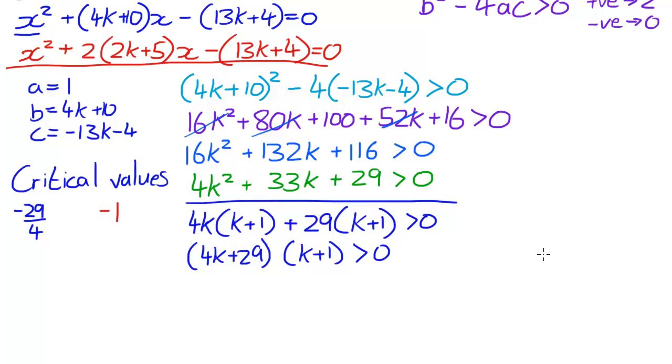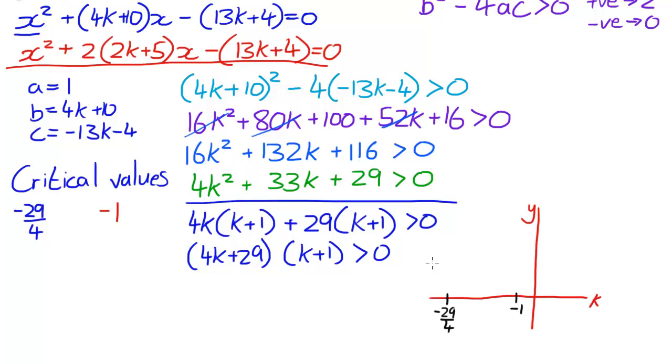So if you imagine, we have our positive k squared, I guess you could call it. So here we go. Imagine this is k, and this is y here. So what we have here is 2 points. This is going to be our minus 29 over 4, and this is going to be our minus 1.